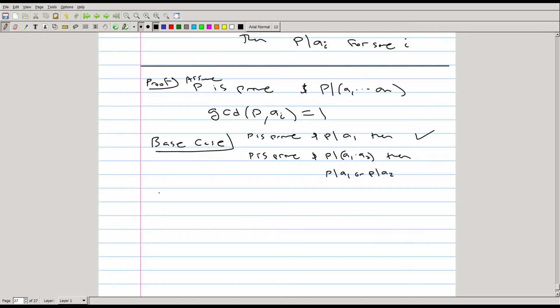In the inductive hypothesis, then, is that there exists some n such that the statement is true.